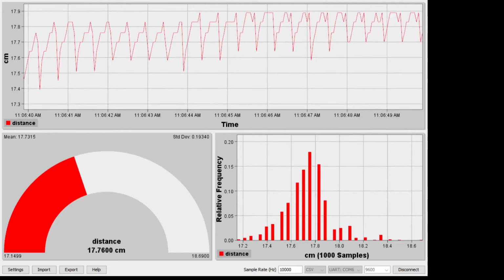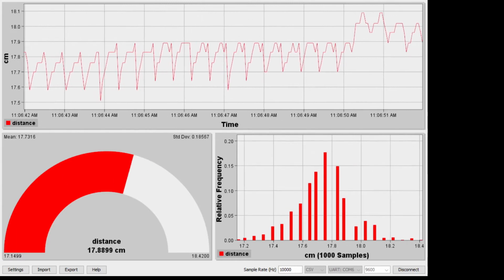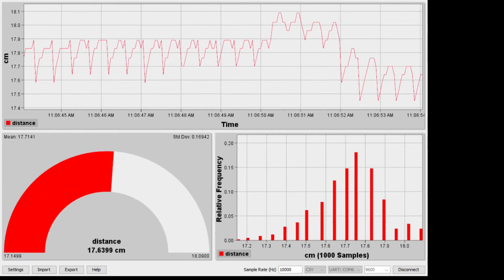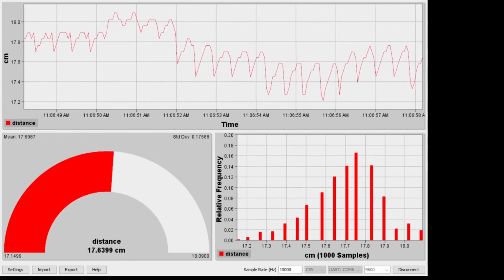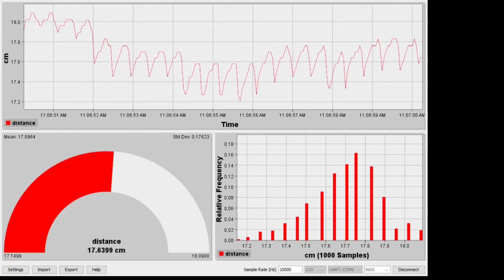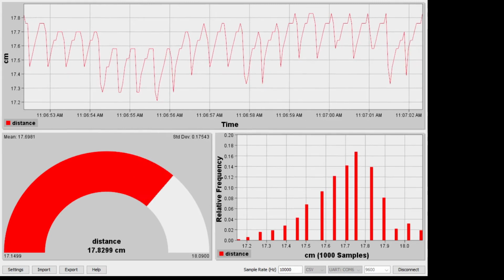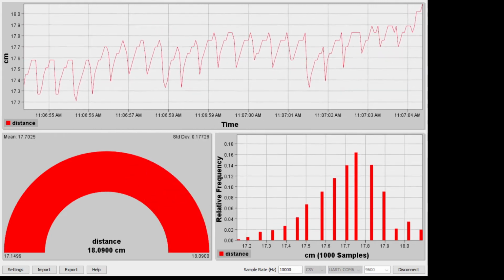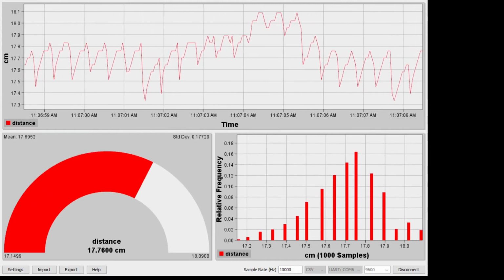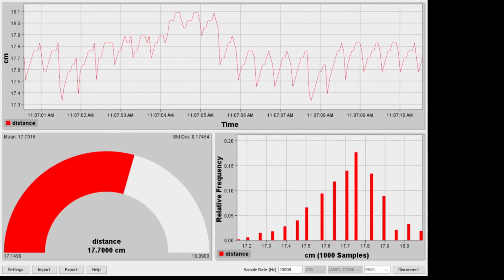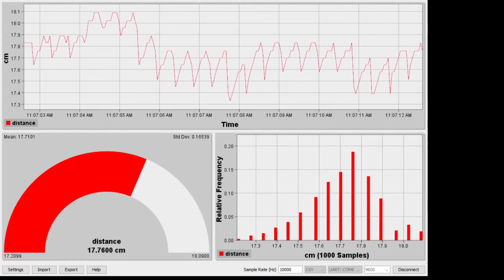The response is good with a range of 17.1 to 18.0 centimeters with an average of 17.6. But it has a slight oscillation in the waveform and also the dreaded bumps. The histogram shows a reasonably normal distribution, which is what we want. Good, but not the best. Maybe we can make it better.